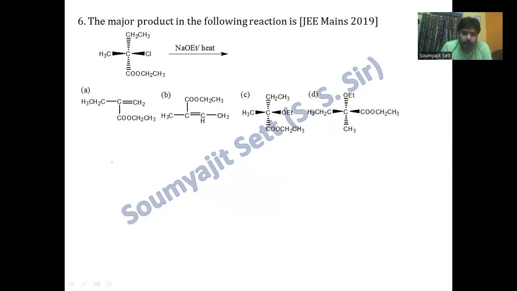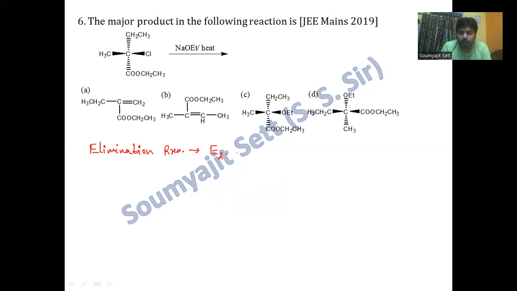Now come to another one. See, here an elimination reaction will occur. Basically it is E2, elimination bimolecular.